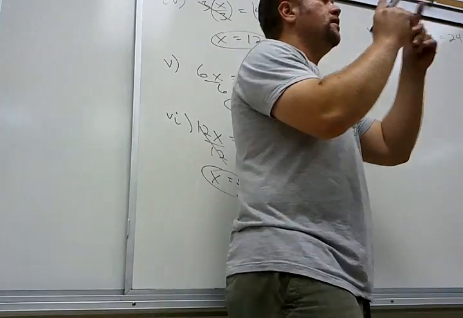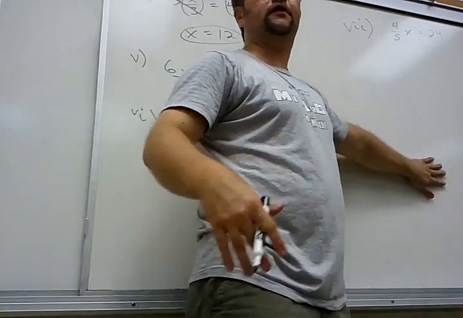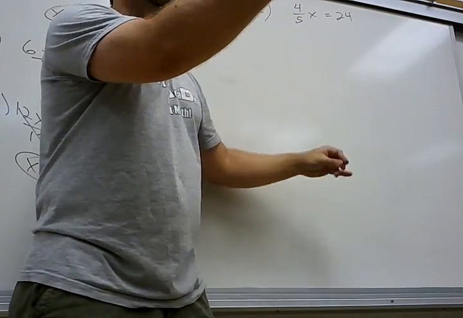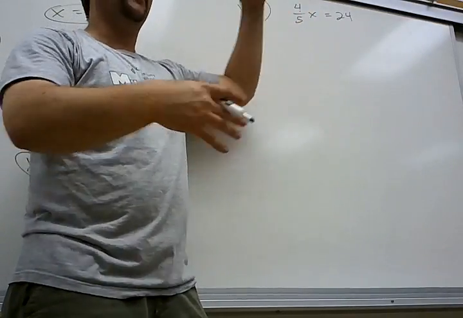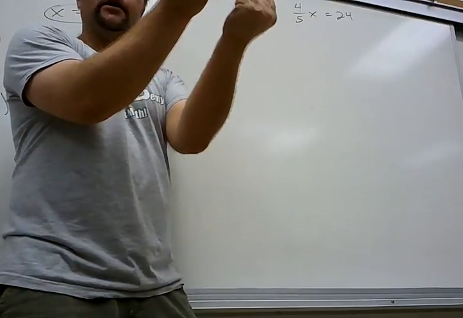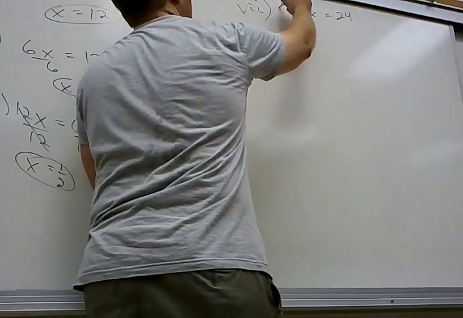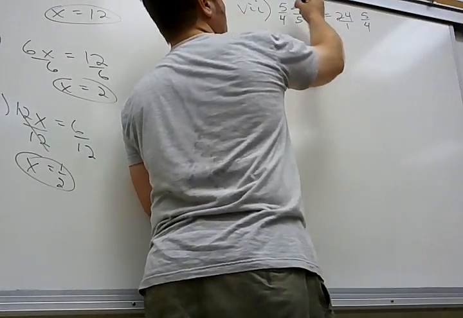Exactly. Because if you think about it one thing at a time, how would I kill the 5? What would I have to do to both sides to cancel the 5 out? Multiply. Because right now it's being divided, so I have to do the opposite operation, multiply. What would I do to the 4 to kill it? Divide. So why don't I do just both at once? And some of you guys probably remember this, multiply by the reciprocal, right? If I multiply by 5 over 4, you can put that over 1 if you want to.